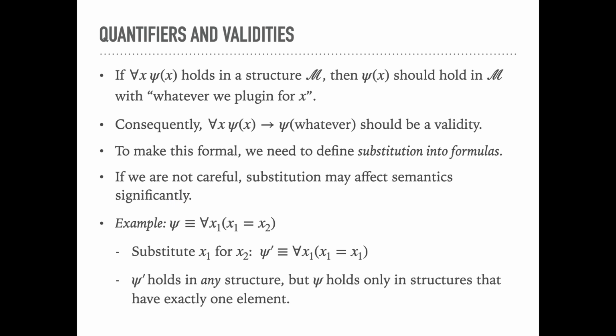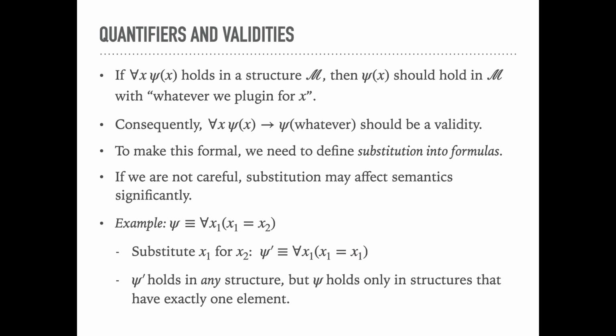For example, take a look at this formula. Psi is for all x1, x1 is equal to x2. Now we substitute x1 for x2. Well, that would give us the formula psi prime, which is for all x1, x1 is equal to x1.